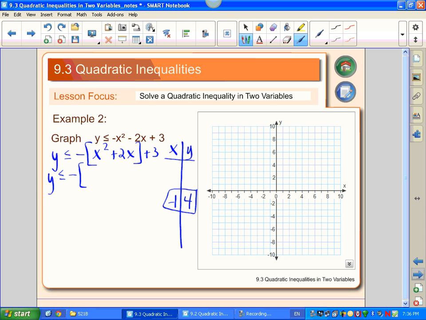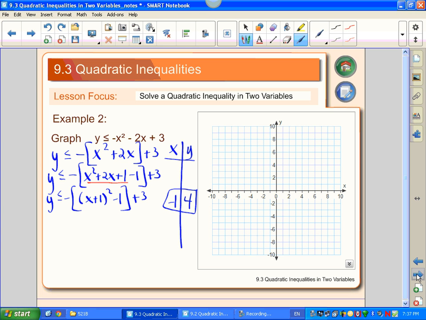I'm going to complete the square: x squared plus 2x plus 1 minus 1. This is the perfect square, so we'll factor that. So that's x plus 1 squared, negative 1 plus 3.